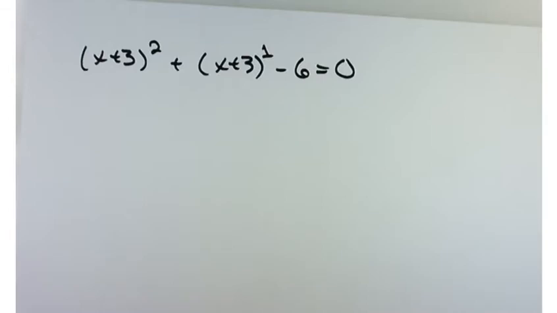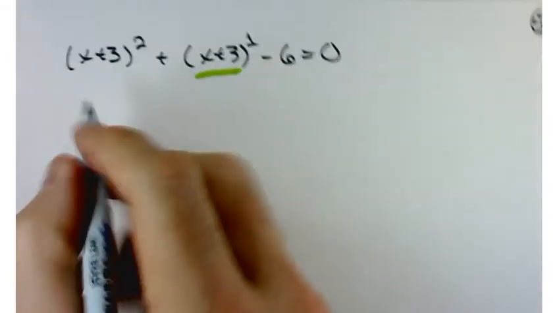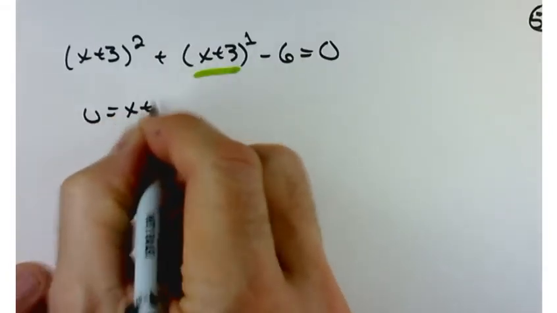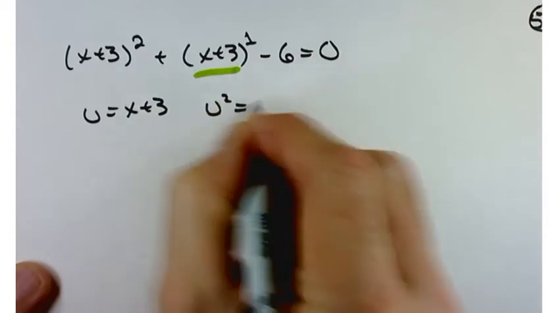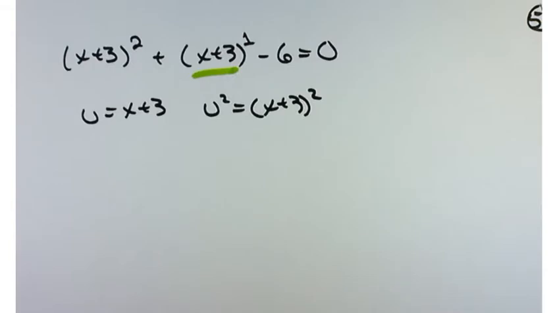What should I set u equal to in this particular case? Yeah, x plus 3, the middle variable term. So there's your u right here. U equals x plus 3. U squared is x plus 3 squared. Okay, that makes sense.